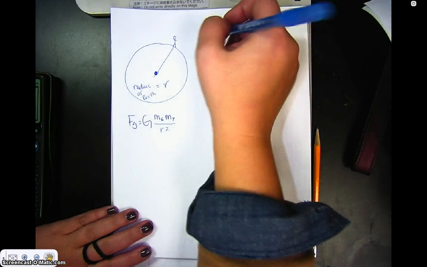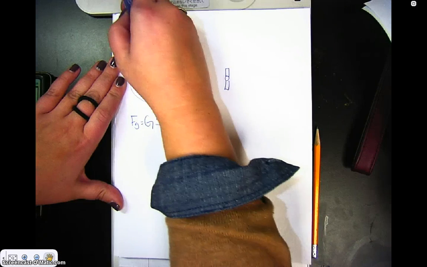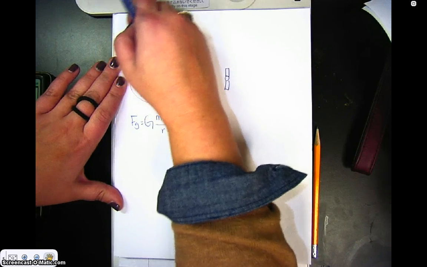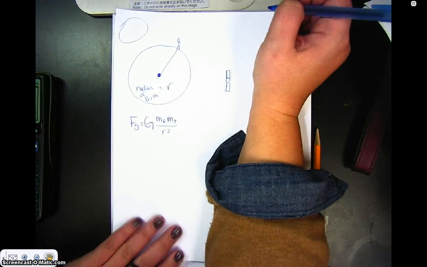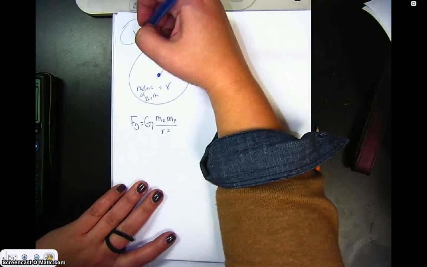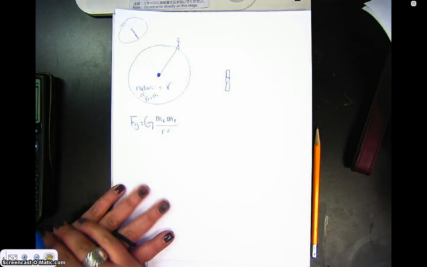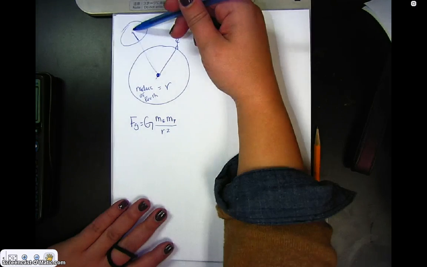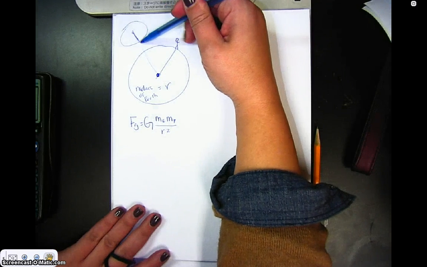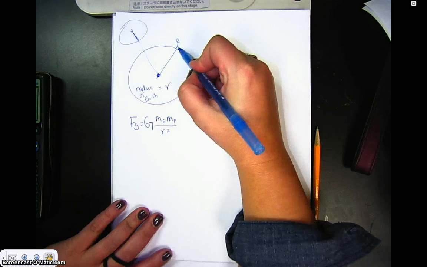Now, if I were to have a very large object, let's say this giant asteroid out here that's like a third the size of the Earth, now we have a radius that would not be negligible. So you've always got to think in the problem whether you need to add in this radius, or if the radius of one of the objects is negligible.